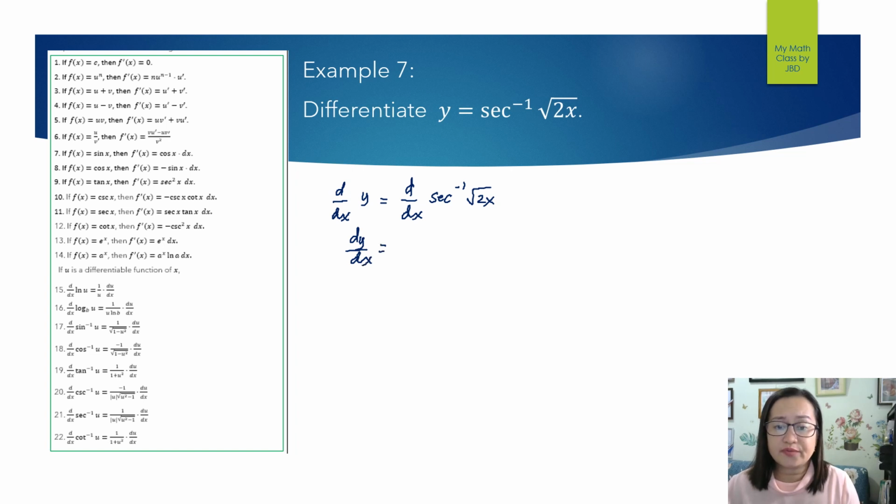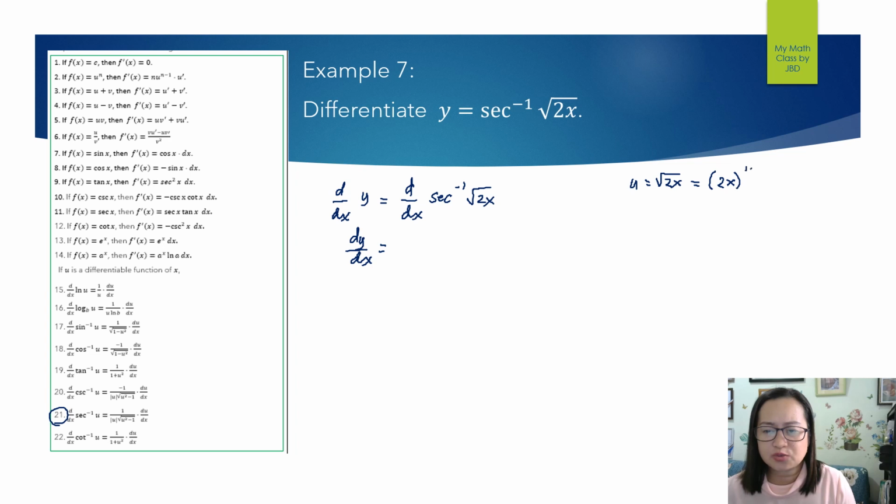And then to get the derivative of the expression at the left, we use rule 21. Now we let u be equal to the square root of 2x, which can also be written as 2x raised to 1/2. Now we get the derivative of u, so applying the chain rule, we will have 1/2 of 2x raised to 1/2 minus 1. Now we get the derivative of 2x, that would be 2.